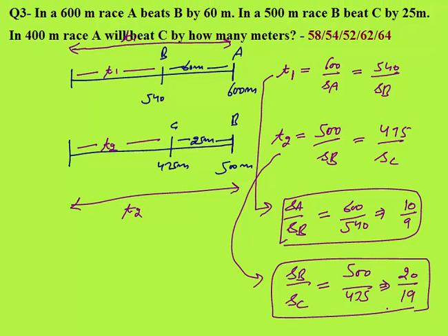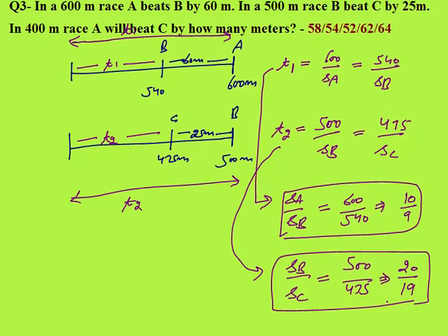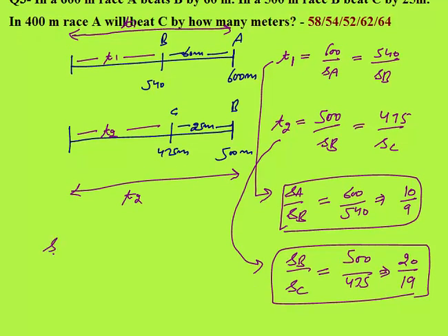Now the question says that in the same 400 meter race, A will beat C by how many meters? Now we need to find the ratio of all three speeds. So let's go back to the ratio concept. Speed of A to speed of B is in the ratio 10 to 9. Speed of B to C is in the ratio 20 to 19.